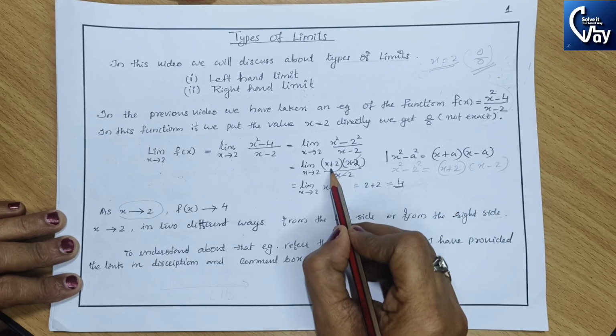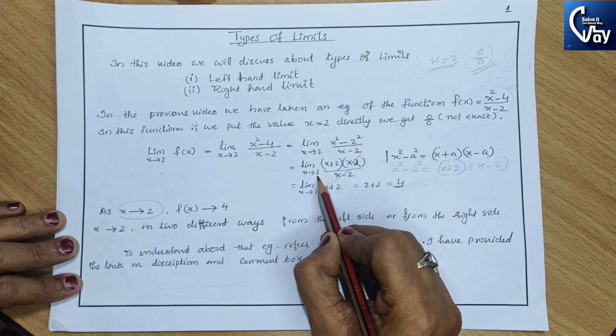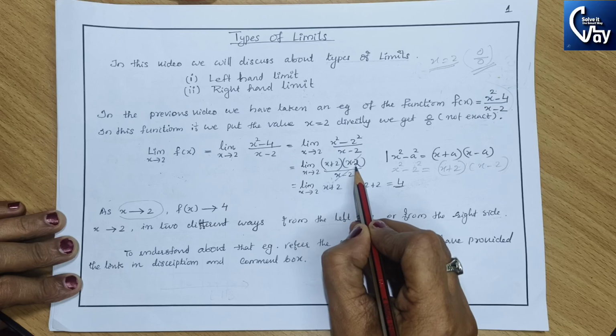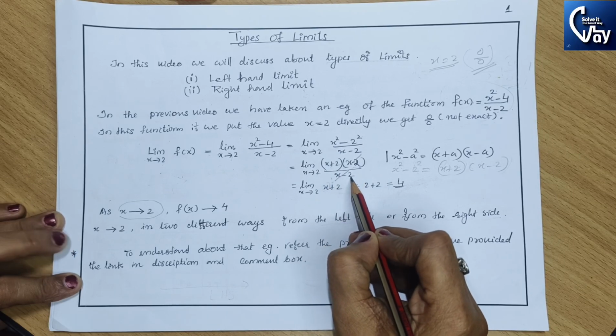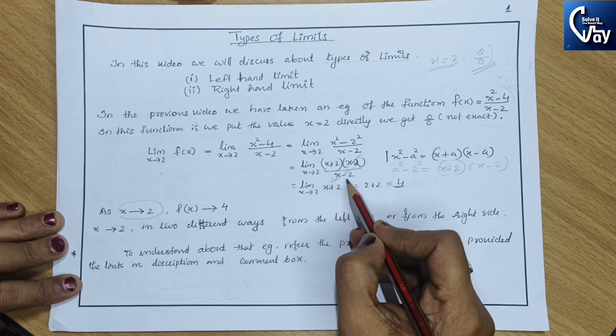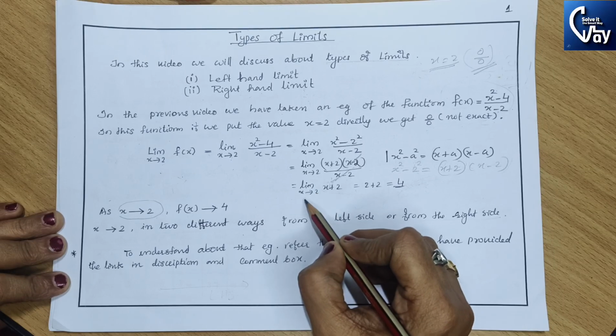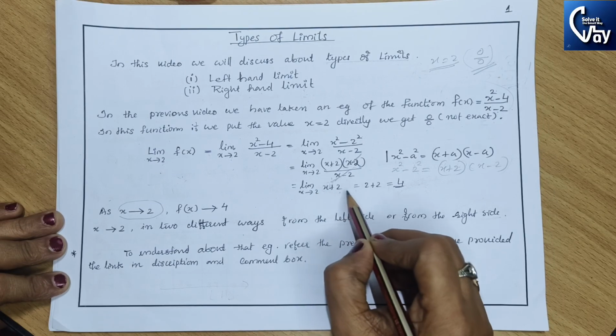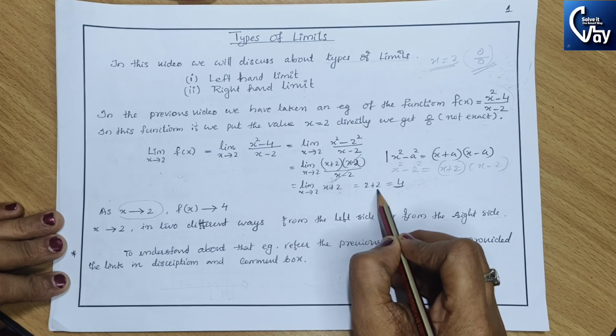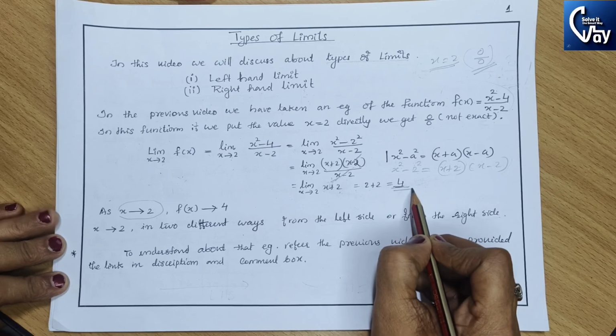So this can be factorized as the limit as x approaches 2 of (x + 2)(x − 2)/(x − 2). These x − 2 terms get cancelled. Then the limit as x approaches 2 of x + 2 equals 2 + 2, which is equal to 4.